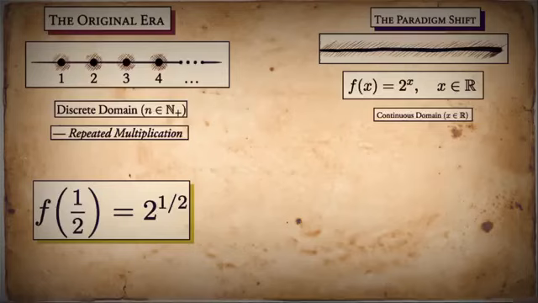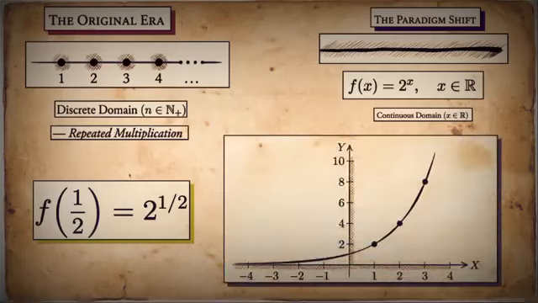And so the extension of exponentiation gives us something clean and natural. Inputting 1/2 into the function 2 to the x gives the square root of 2. This is exactly the kind of result we are hoping to achieve for factorial, a real input producing a meaningful, finite output. What made this extension of exponentiation trustworthy was that the resulting function is perfectly smooth.